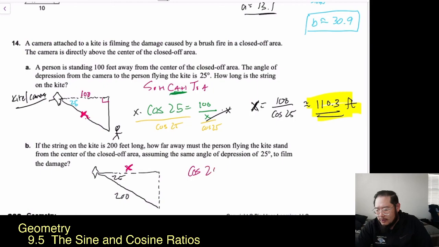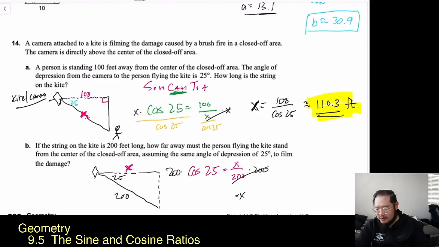We got cosine of 25 is equal to adjacent, which is x. Hypotenuse is 200. And so now we're finding what x happens to be right here. And then we'll go ahead and multiply both sides by 200. And everything works out nicely. And x is equal to 200 times cosine of 25. And so let's see right here. 200 times cosine of 25.